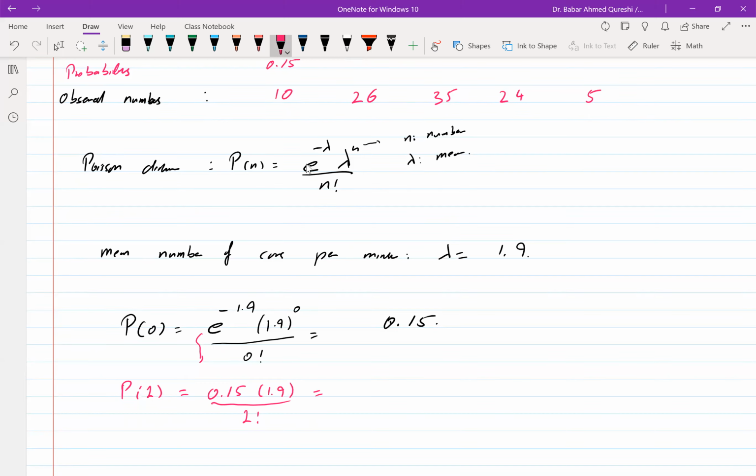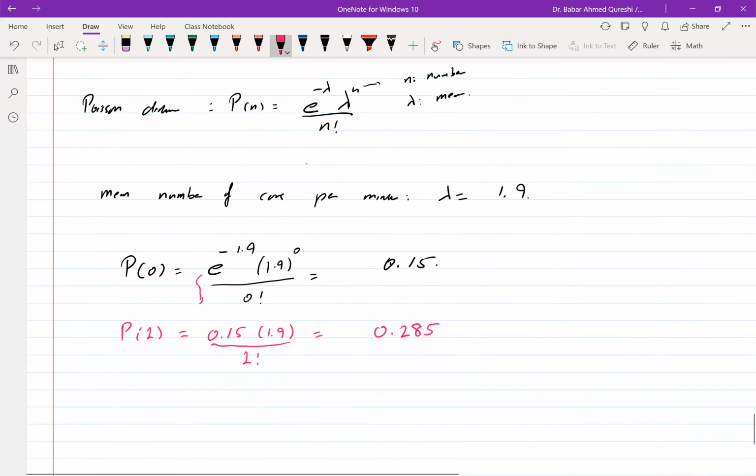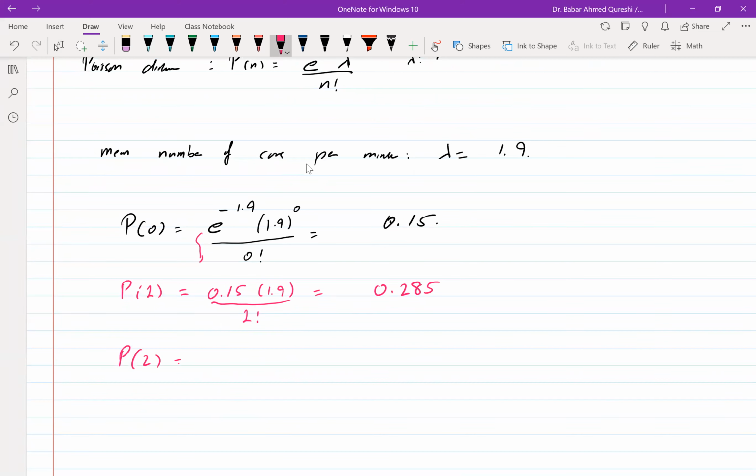The second probability, for 1 car per minute, is simply 0.28. And the probability for 2 cars is over 2 factorial, so it's 0.27.